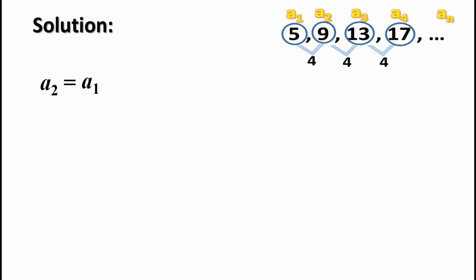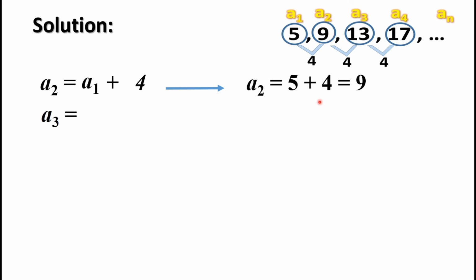So a sub 1 plus, what is your common difference? Very good, 4. You just substitute the given value of your a sub 1. So a sub 1 is equal to 5 plus your common difference, which is 4. 5 plus 4, we got 9. So as you can see, our a sub 2 is, yes, correct, that is 9.